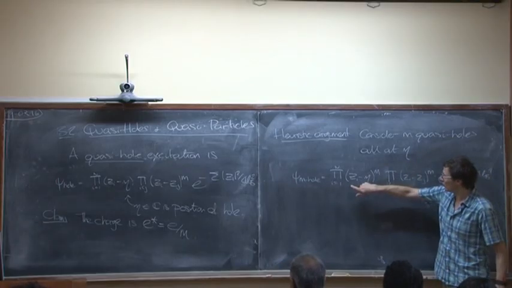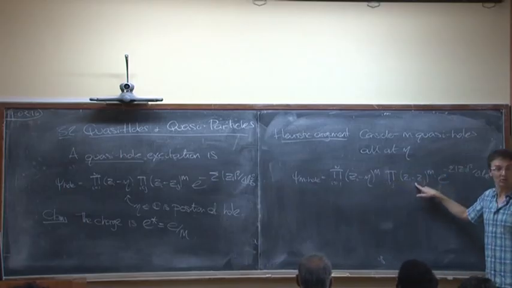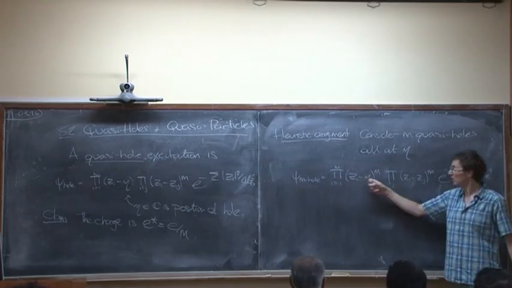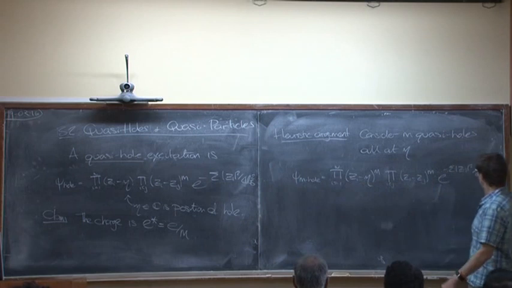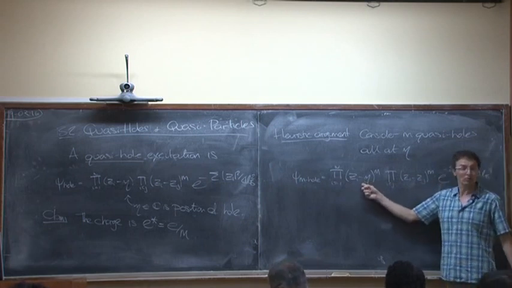But now you can see that the way the quasi-holes appear is on exactly the same footing as the way the electrons appear. So if this was the position of an electron, this would simply be the wave function, up to normalization here, of n plus 1 electrons.